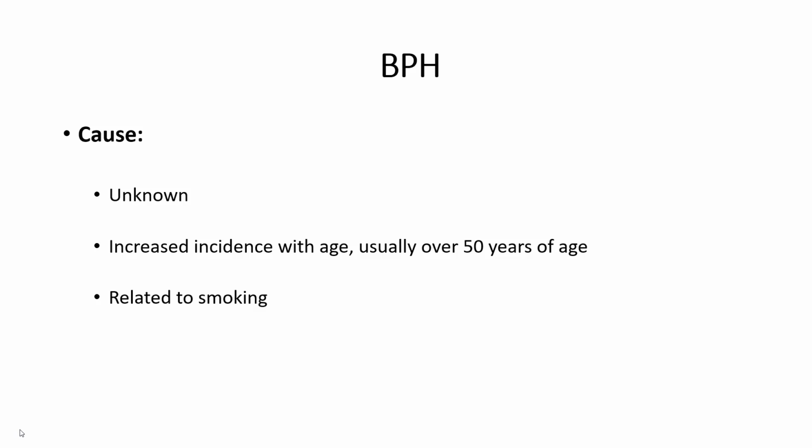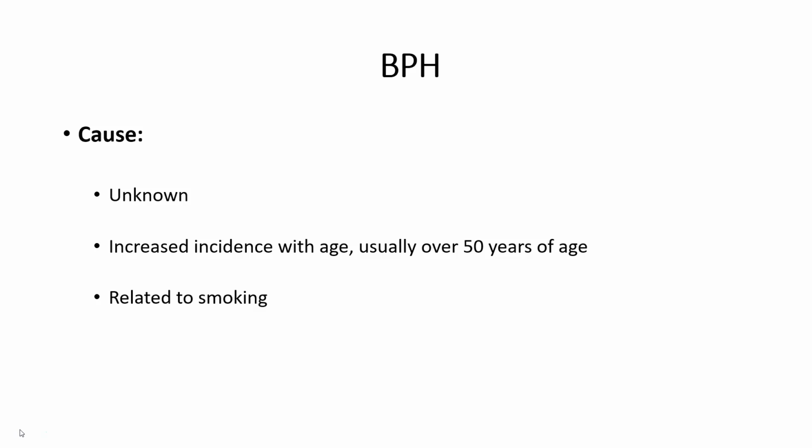The testosterone changes, and other things that we're not really going to talk about. But because of these hormonal changes, that prostate gets bigger. Okay? And like we said, it grows and it decreases the diameter of the urethra.